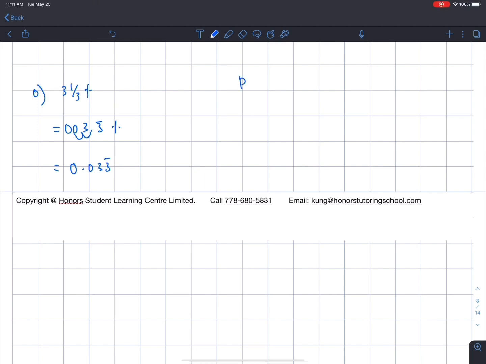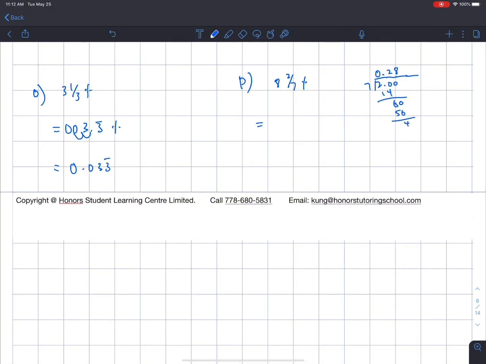And P, 2 over 7%. So need to convert the 2 over 7 into decimals. So 7 goes into 2 0 times, add a 0.0, line up the decimal point. 7 times 2 is 14. And extra 0, move it down. 7 times 8 is 56.